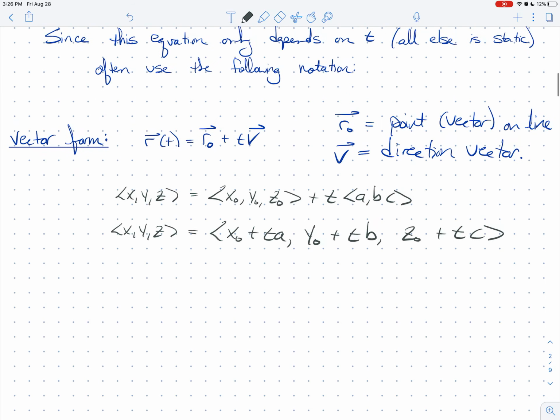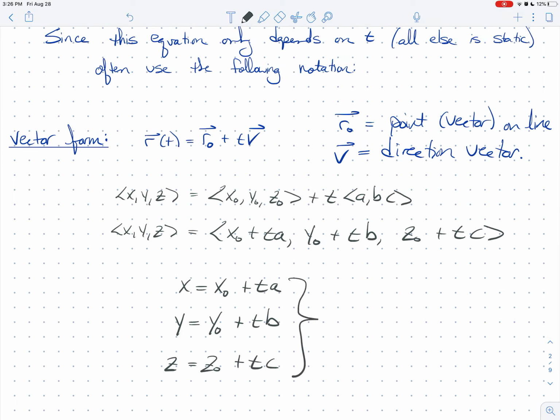And now we can relate the components. We can say, okay, look, the first component x has to equal this component. And so I get x equals x naught plus t times a, y equals y naught plus t times b, and z equals z naught plus t times c.